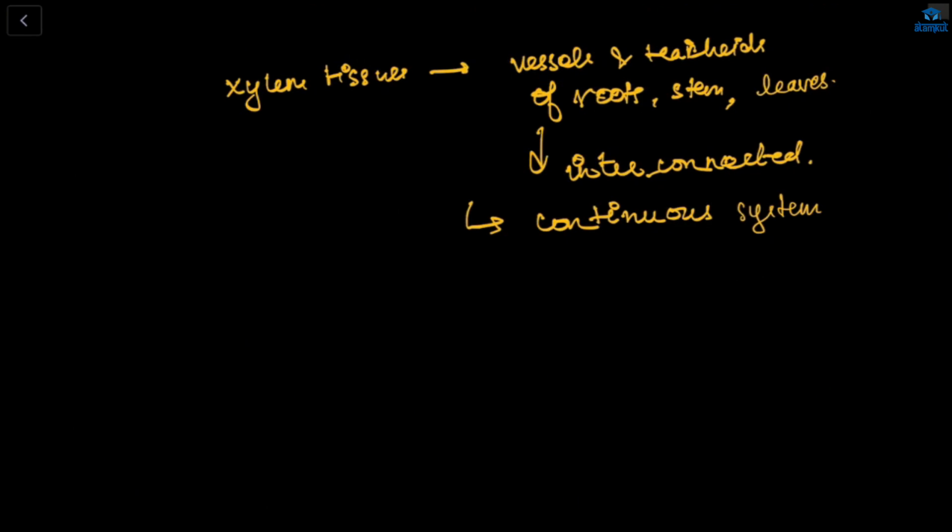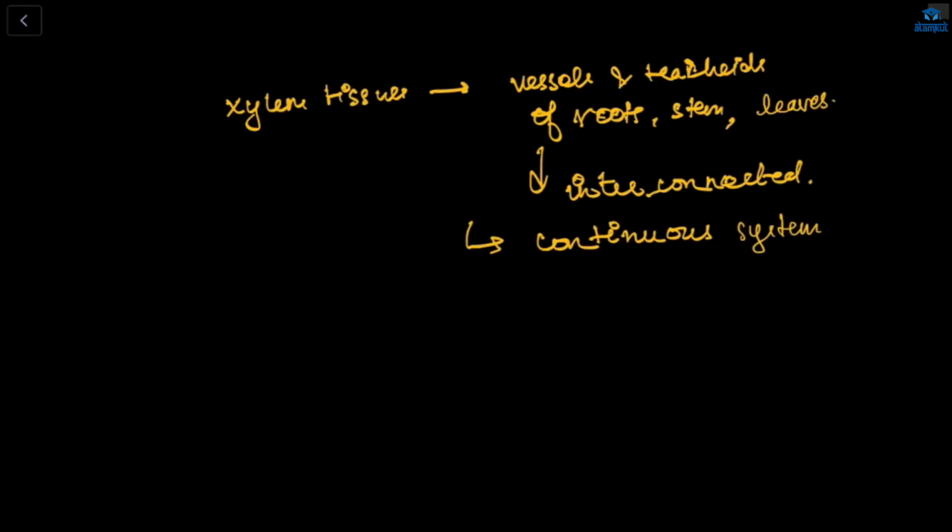Now, what I was telling. Slow transport is okay for them. They can live with this slow transport, but we cannot, right? For small plants, the diffusion will be easier, right?